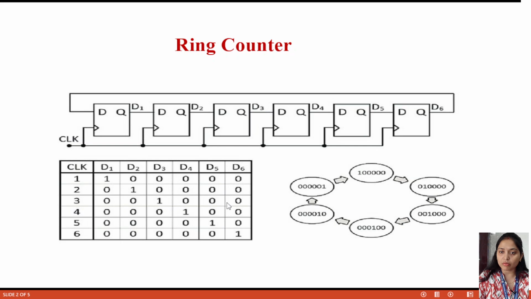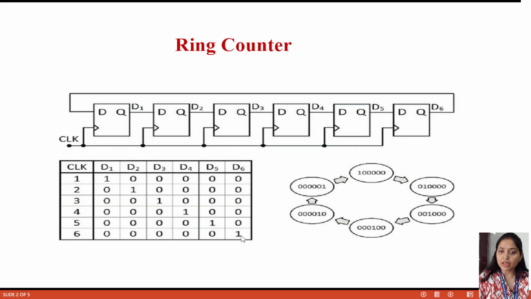In the third clock pulse, D6 is 0. Then starting on the fourth clock pulse, this 0 will come again to D1, that means the output of the sixth flip-flop. Then one by one it shifts.